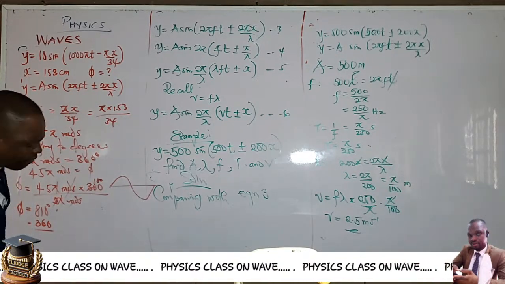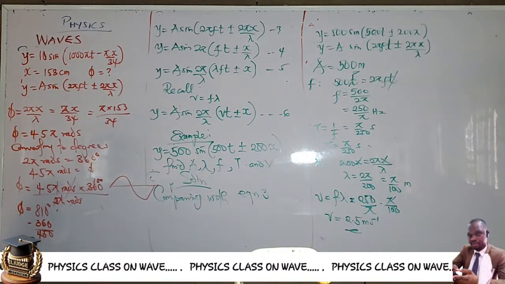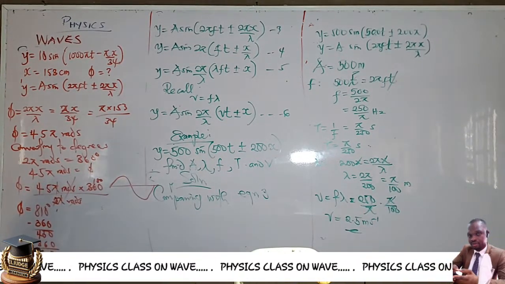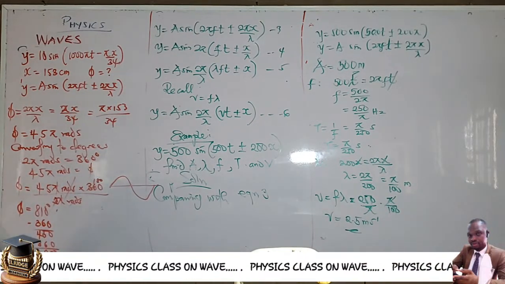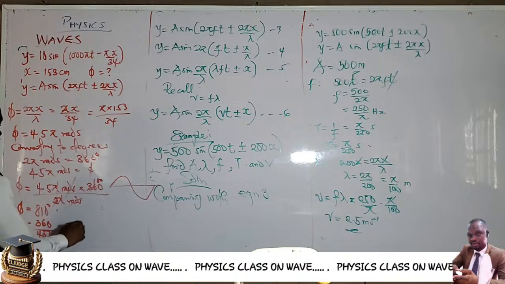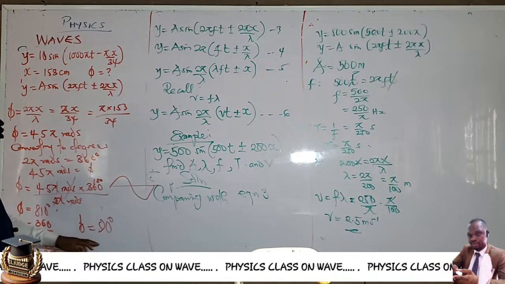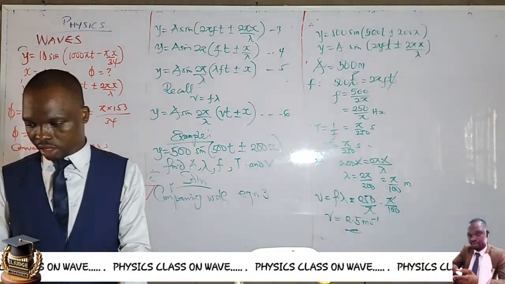We have 450. When you subtract 360 from this, we have 90 degrees. So the phase angle for this question is 90 degrees. Also, this 90 degrees is the same thing as 4.5 pi rads.